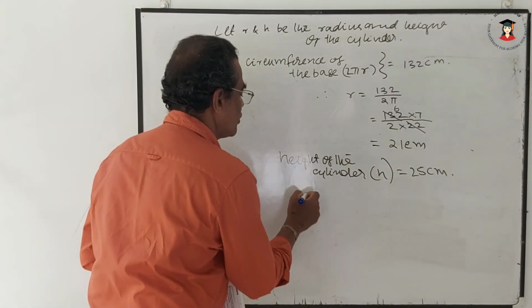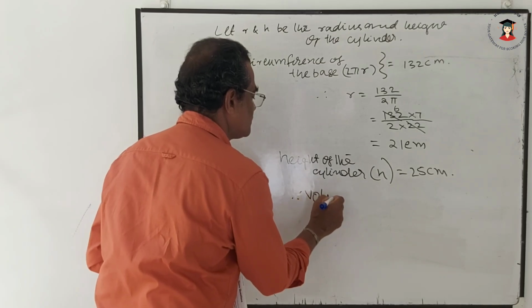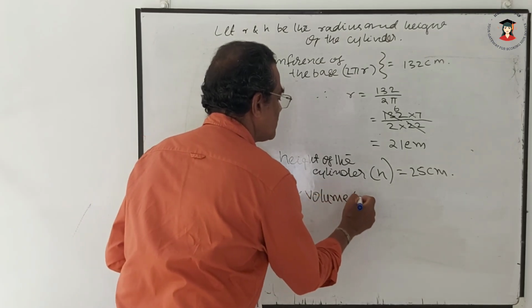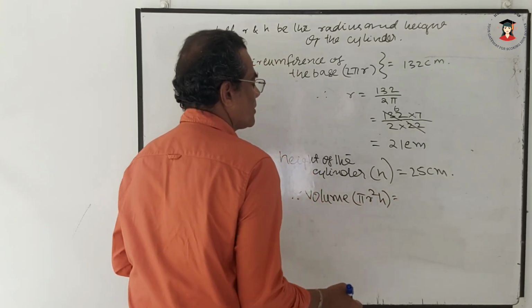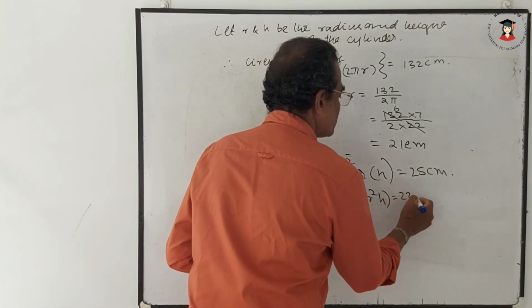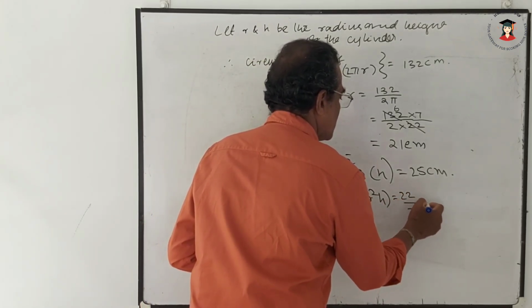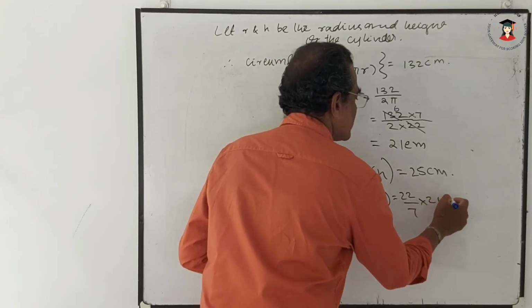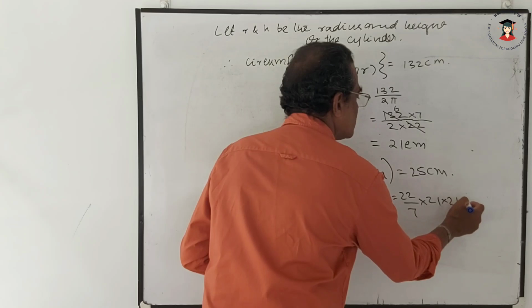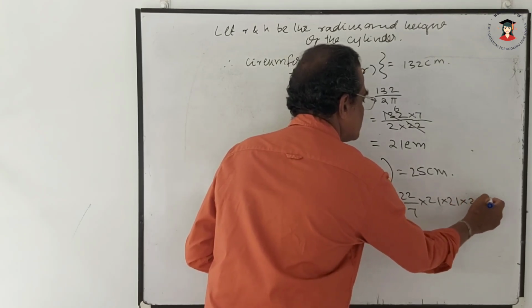Therefore, volume equal to pi r square h equal to pi is 22 by 7, r is 21, r square is 21 into 21, h is 25.